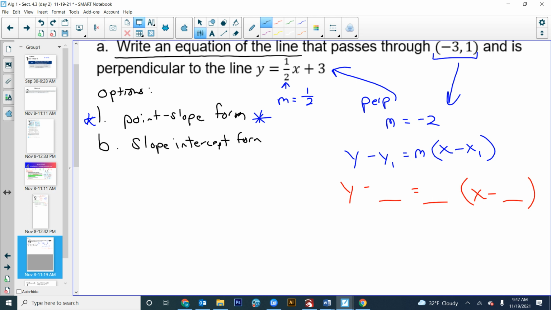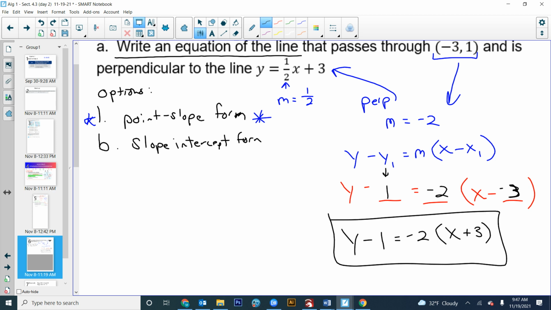What was our y1 in this problem? 1. What is our slope for this new line? -2. Good. And what's our x1? Our x1 is -3, but it's going to end up being +3 after we subtract the negative. So our line is y minus 1 equals -2 times x plus 3. That is it in point slope form.